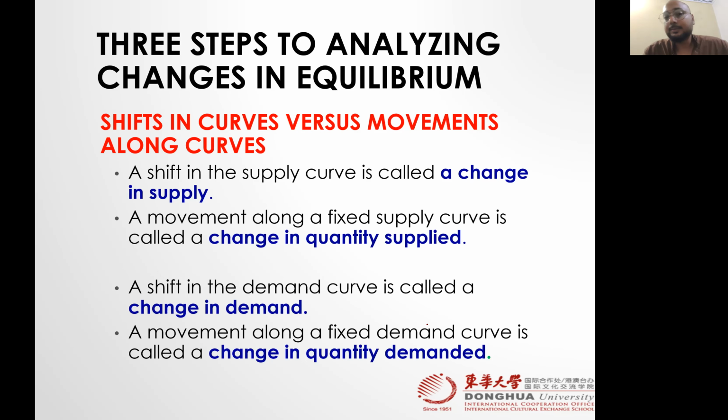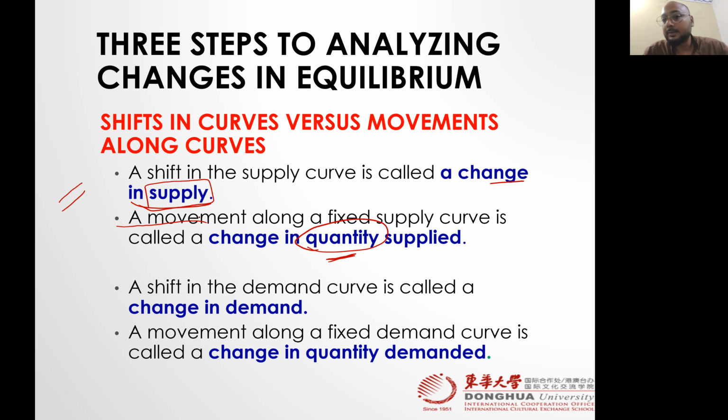The hints are, if the question mentions a change in supply, and the word is only supply, it means we have a new curve. We have to make a new curve, shifting either to the right or to the left. And if the question says there is a change in quantity demanded, where the word quantity is added, then we say this is a movement case.